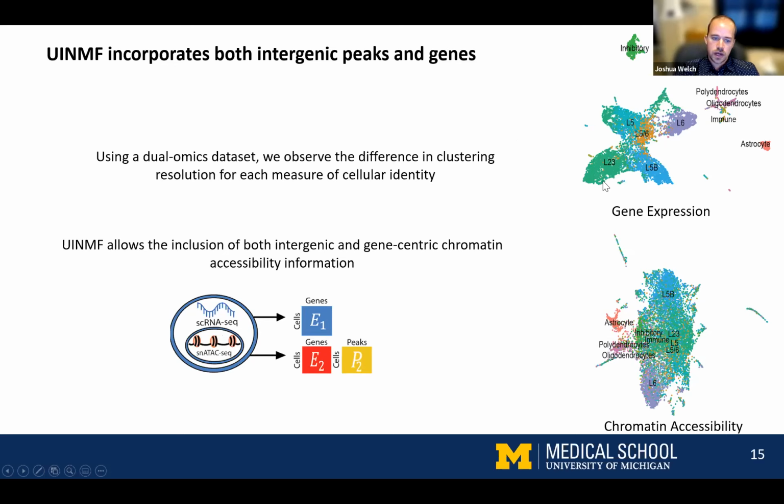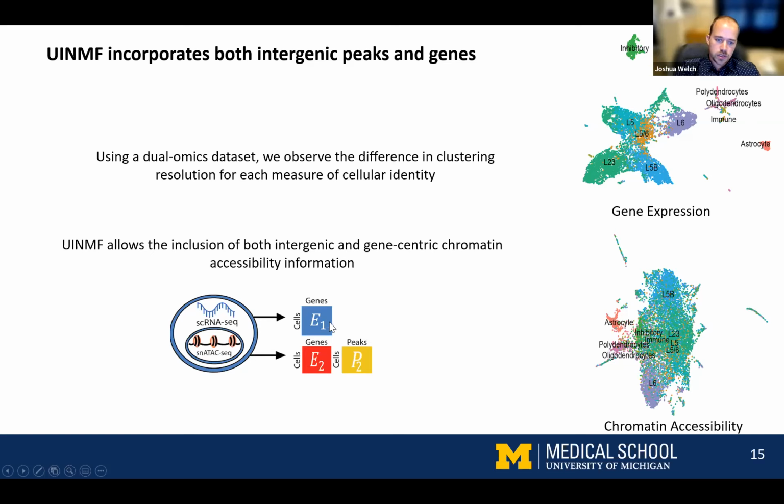So our strategy was to take measurements that were performed on the same cells, split them and treat them as if they were measured on different cells, and then see if we could recover the held-out relationship between the gene expression and chromatin accessibility. And in this case, we used UINMF with 3 matrices.